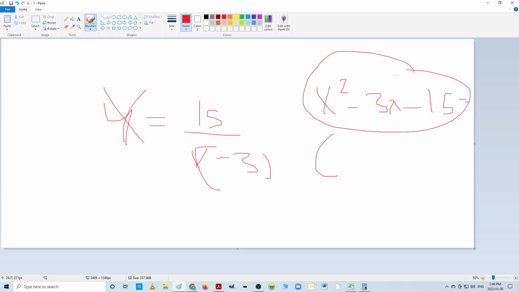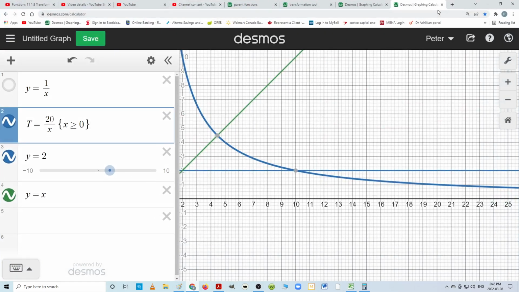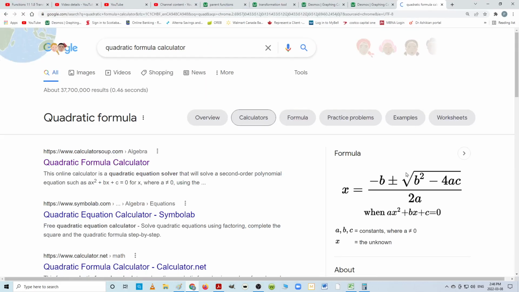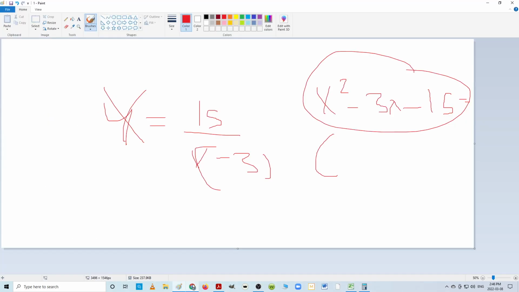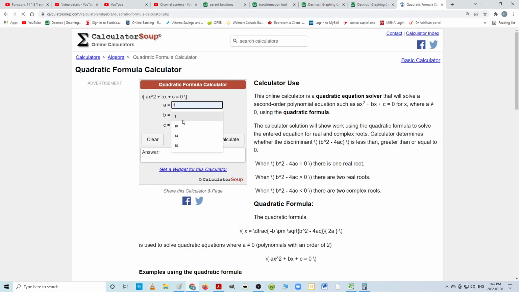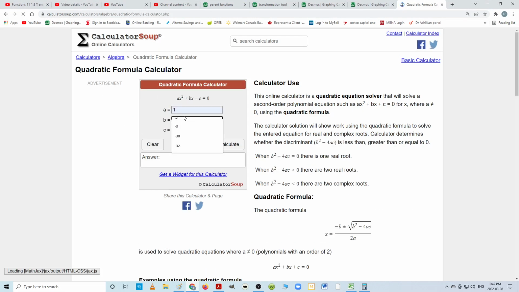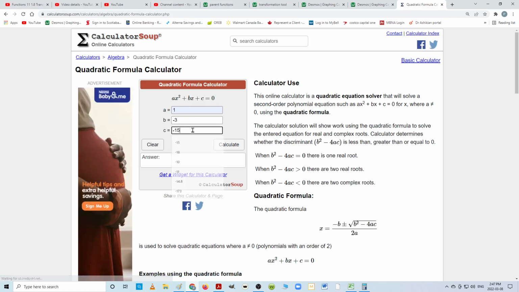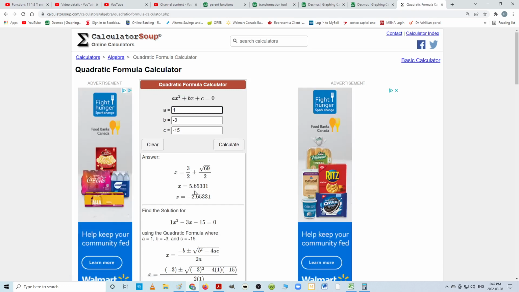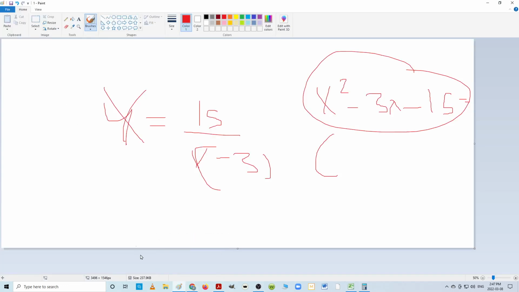I'd have to use a quadratic formula. And I get 5.65 and negative 2.65. So that's where the x and the y coordinates should be the sort of middle point and matching.